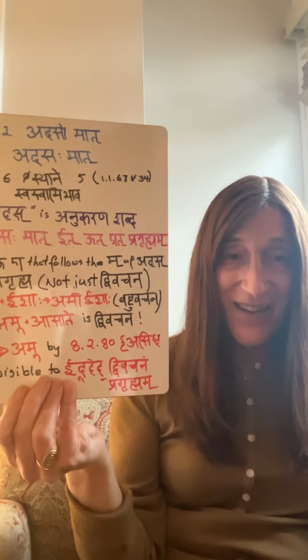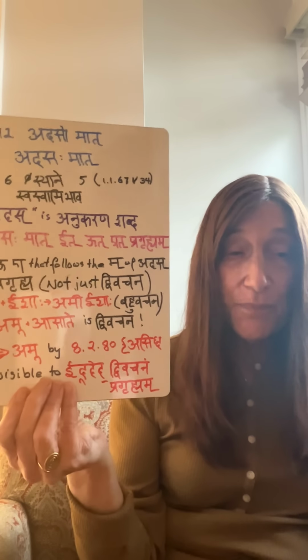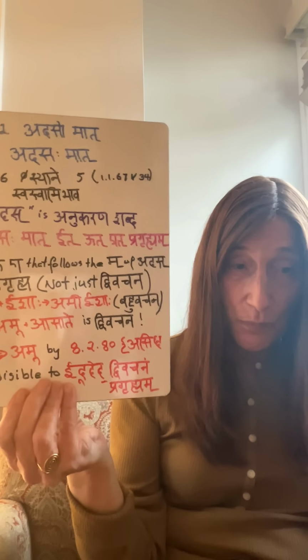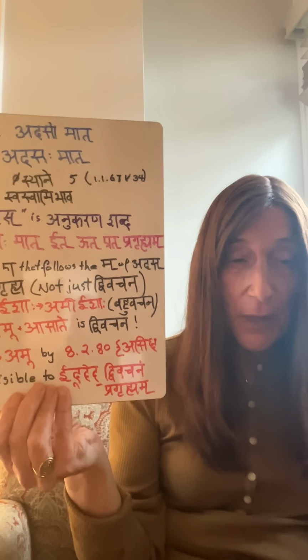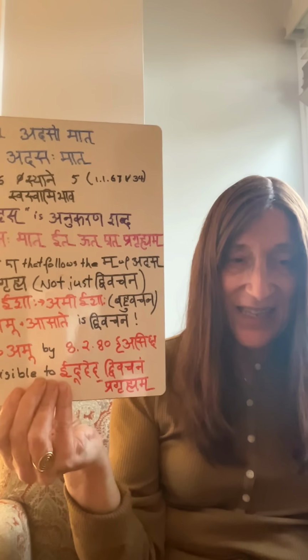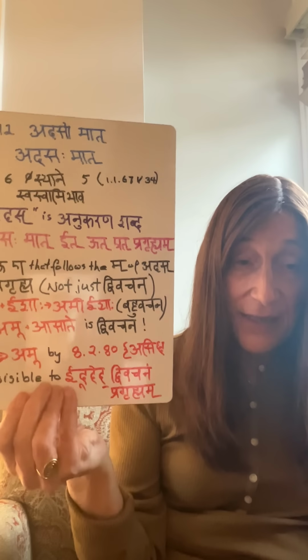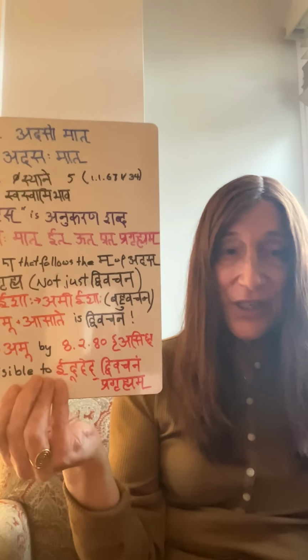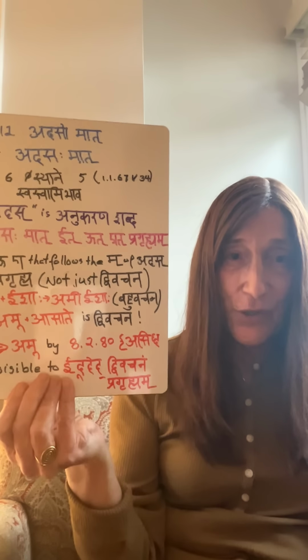And this is where asiddhitva comes in. Because amu is actually derived from adai by a sutra 8.2.80, which is deep inside the asiddhitva portion.